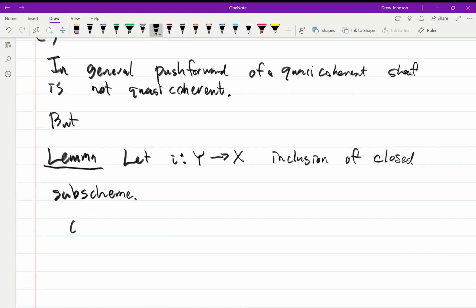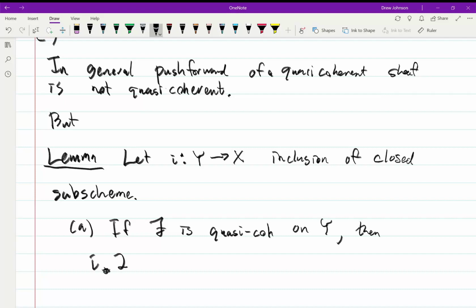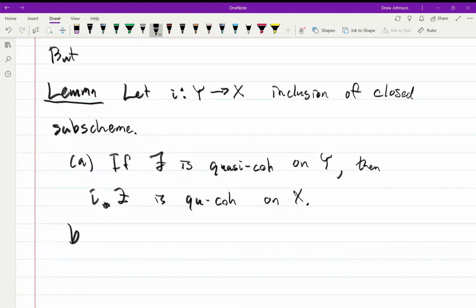Then, if F is quasi-coherent, let me just write QCoh from now on, on Y, then the pushforward is going to be quasi-coherent on X. Okay, and then there's also an exact sequence that goes along with this.